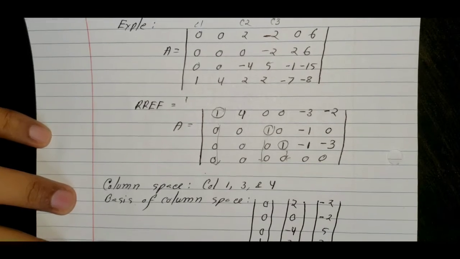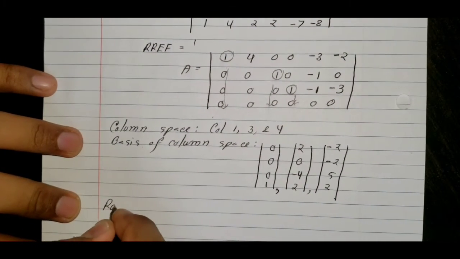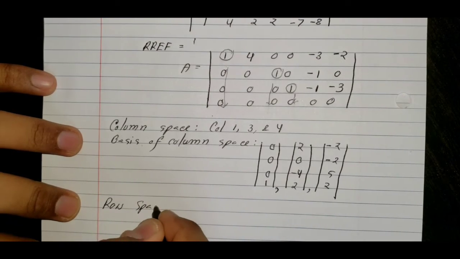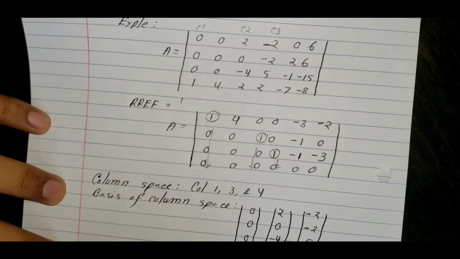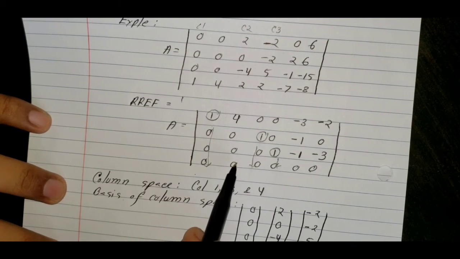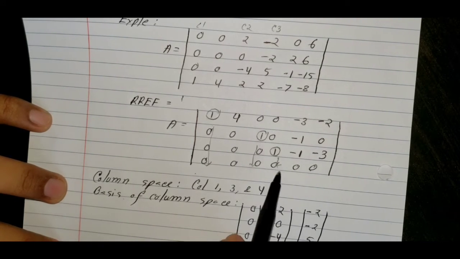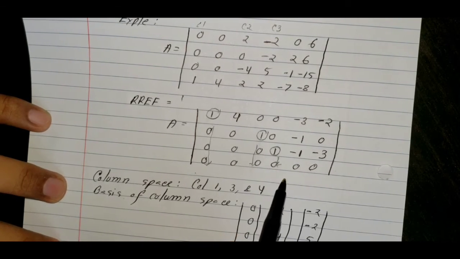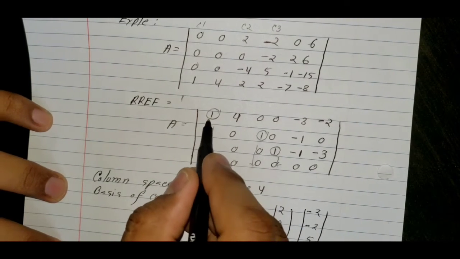Now let's go to the row space. Again, you can work on the reduced row echelon form of matrix A. Here you see the rows that have a 1 in the front.